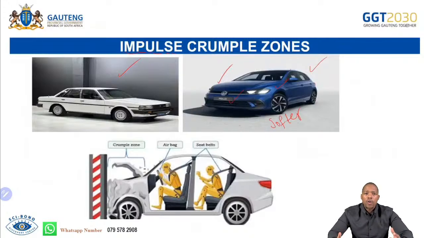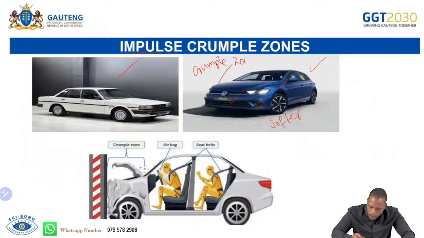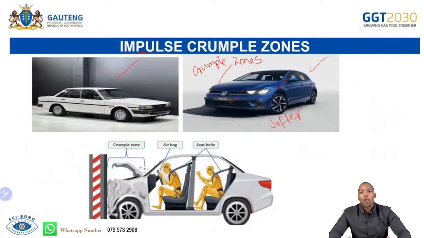If you drop the egg on the hard surface, it breaks. If you drop the egg on the softer surface, it does not break. So these places on these cars that are soft, that are easily breakable or crushable, are called crumple zones. That's what we call these places.